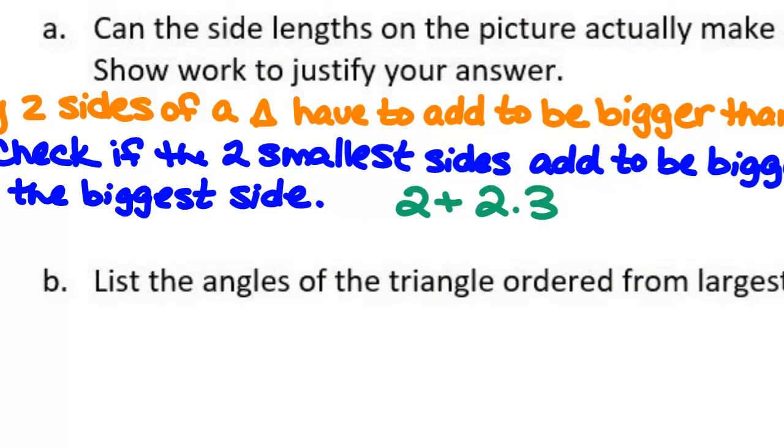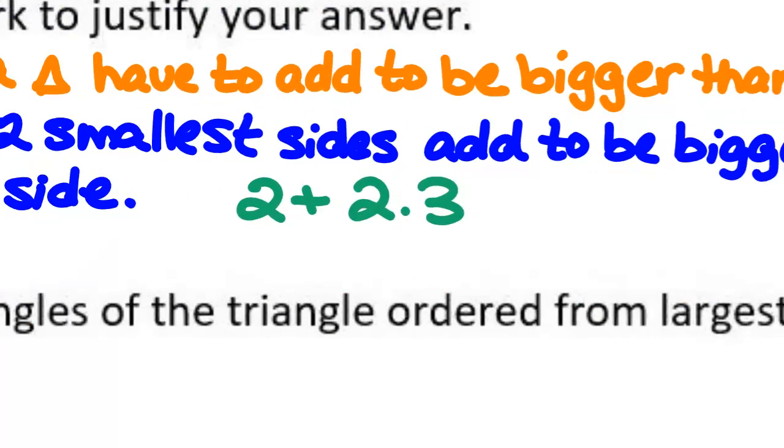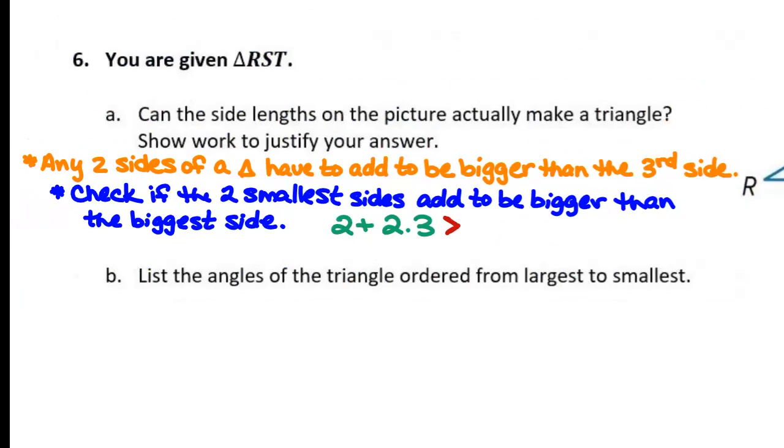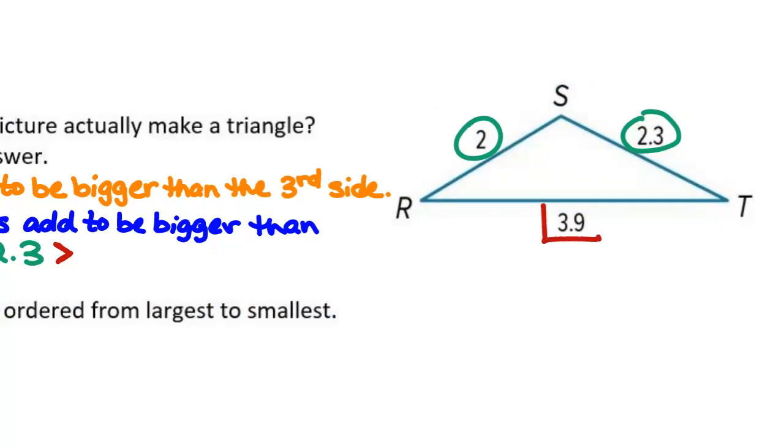And if this actually forms a triangle, then that needs to come out to be bigger than my biggest side. How big is our biggest side? 3.9.